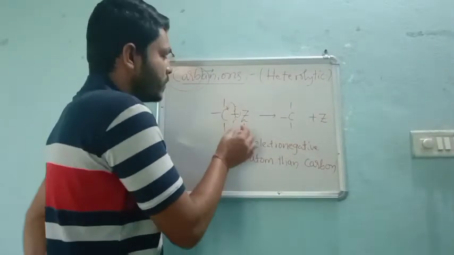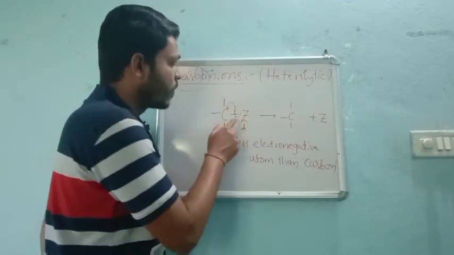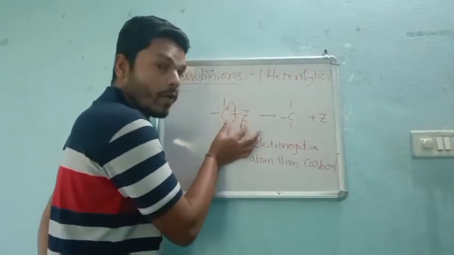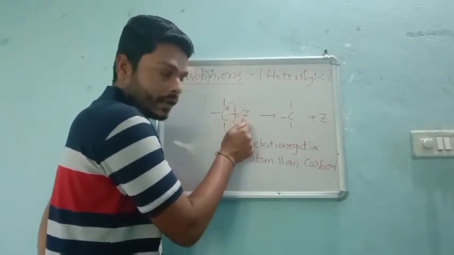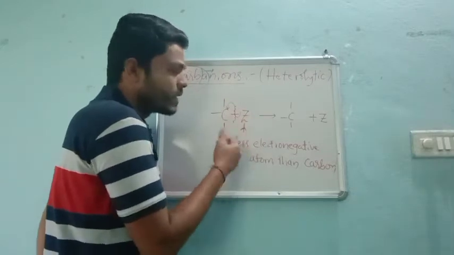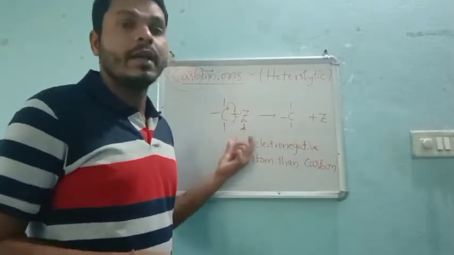See, before bond breaking, what was the condition? There is a bond between carbon and Z, I mean the Z atom. Z is nothing but any atom which is less electronegative than the carbon atom.